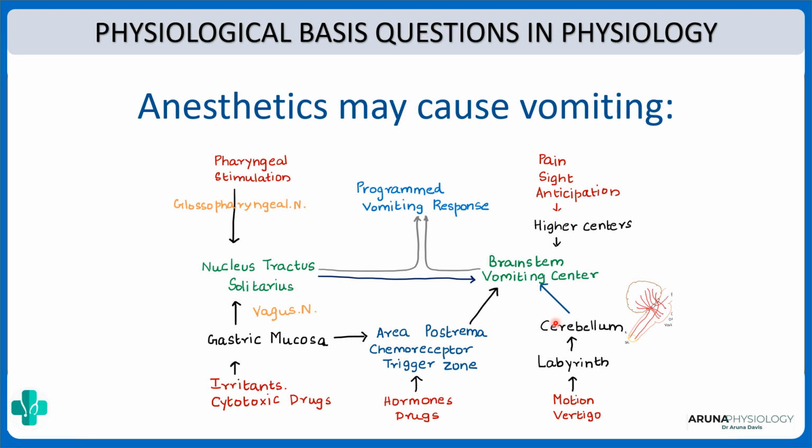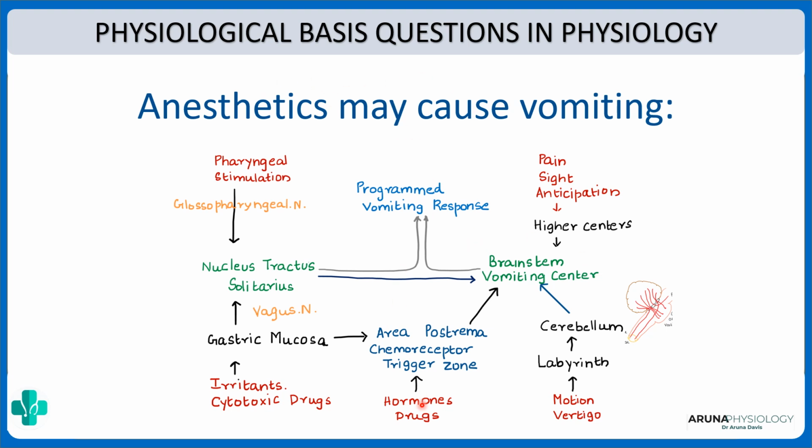All these can stimulate the brainstem vomiting center. Along with that, we've got another important area called the chemoreceptor trigger zone, which is present in the area postrema. Now this is a very important area which has a direct influence on the brainstem vomiting center. So you can see that there are many drugs and hormones which will stimulate this chemoreceptor trigger zone and thereby stimulate the brainstem vomiting center. So this is the reason why anesthetics may cause vomiting.